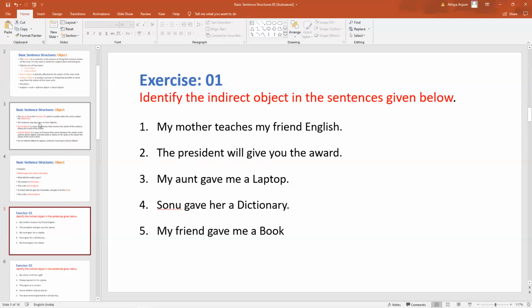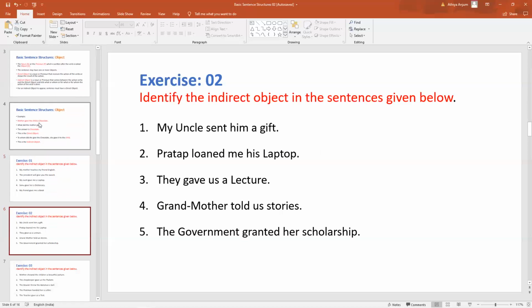In the same way, next one, my friend gave me a book. Right, again question and then find out the direct object, and from there, what the direct object is doing to the person. So you will get the indirect object, what is being done to the person.